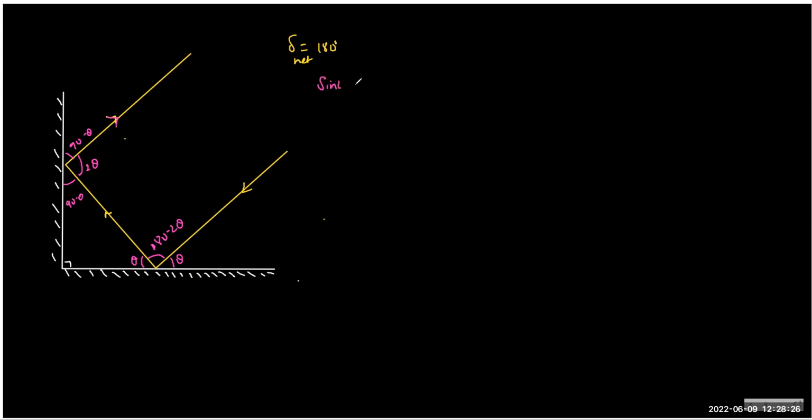And we know that for parallel lines, the sum of the interior allied angles is 180, which you can see. So since the sum of interior allied angles is pi, therefore the reflected beam will be antiparallel to the incident.